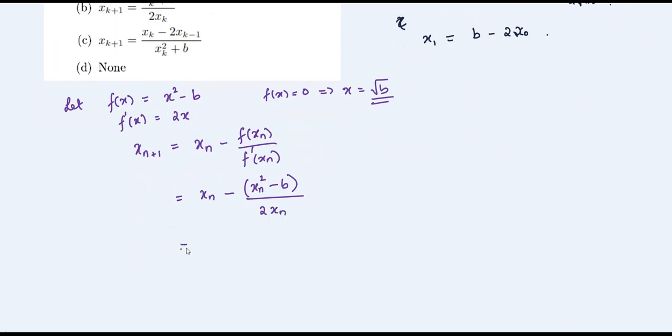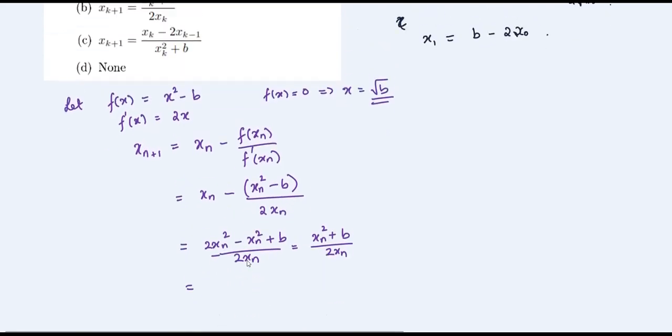So we get 2xn square minus xn square plus b by 2xn. So this is xn square plus b by 2xn.